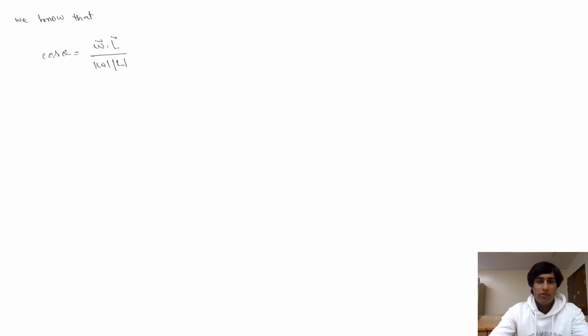Here we have to calculate the angle. In order to calculate the angle, we know that cos theta is equal to omega dot L, the angular velocity dot angular momentum, divided by the magnitude of omega and the magnitude of angular momentum L. So here we need to plug in the relevant values in this equation.